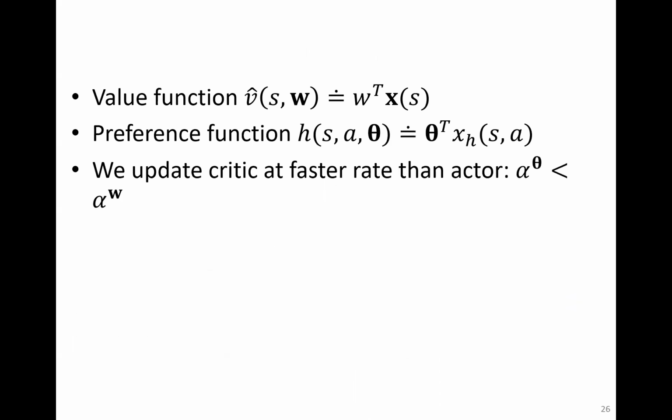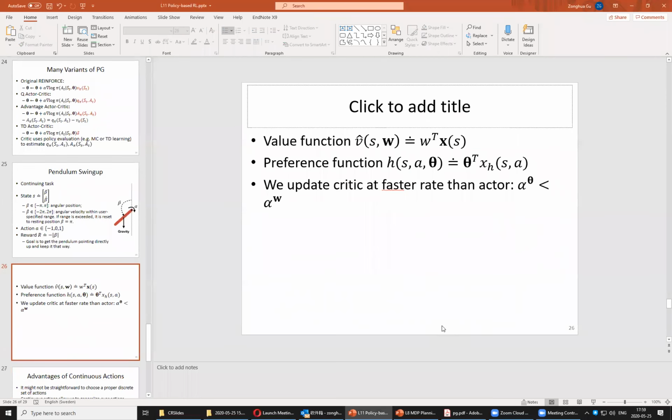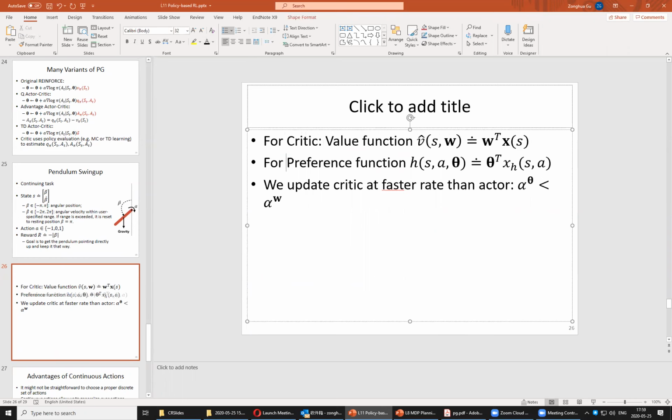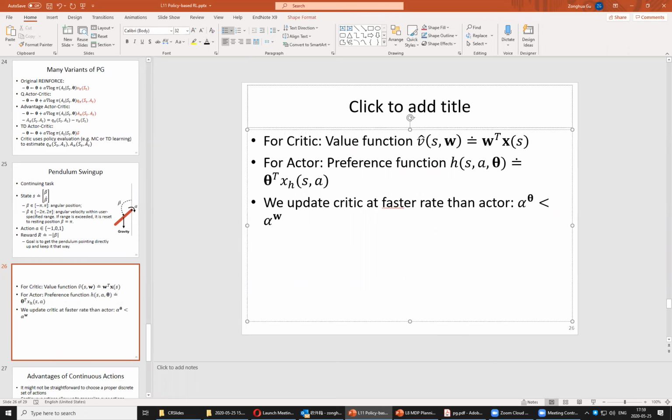The value function is a linear value function for the critic. And then for the actor, the preference function is also linear.